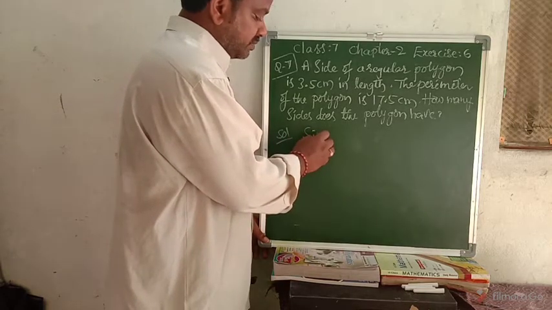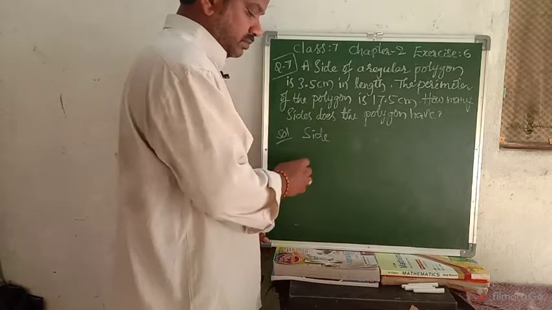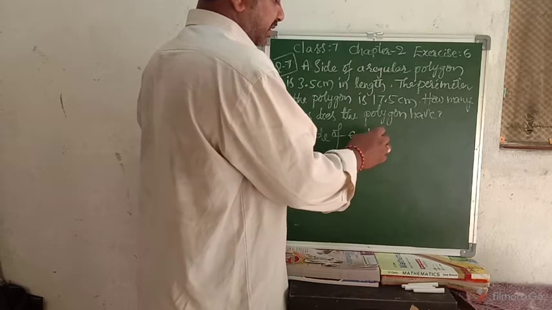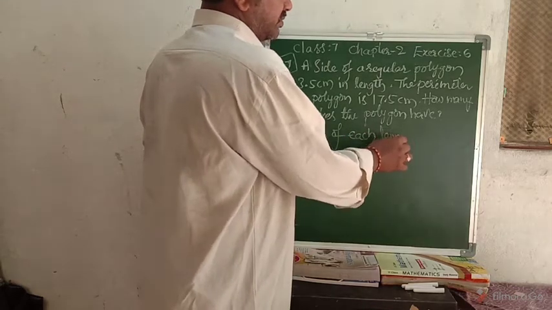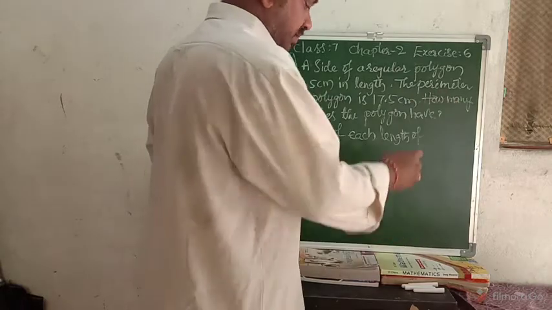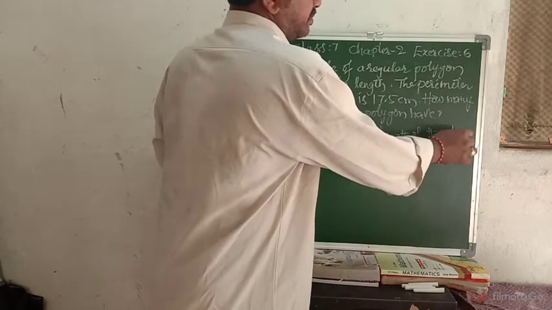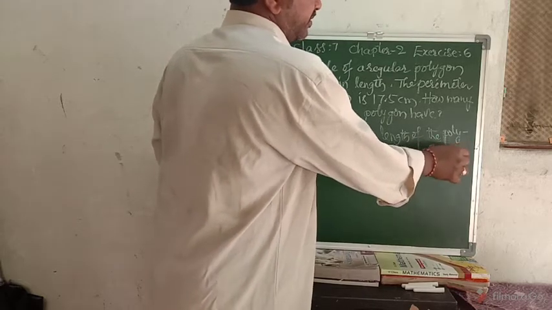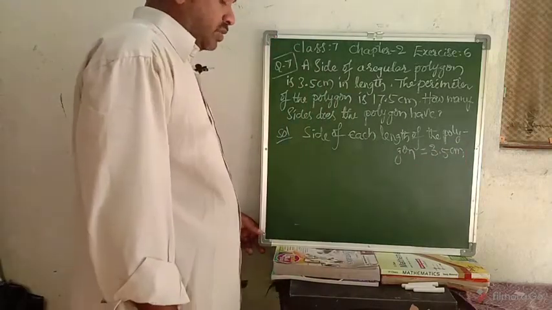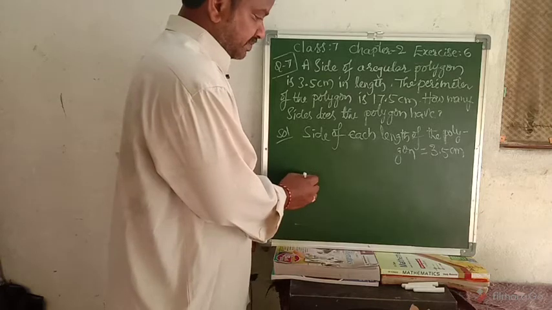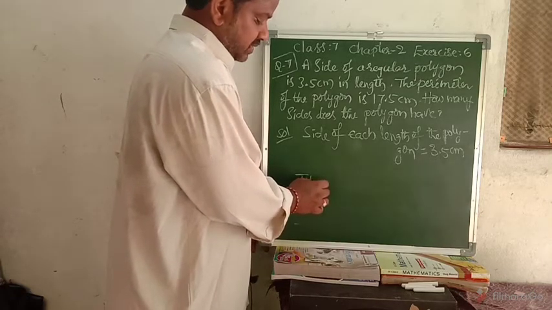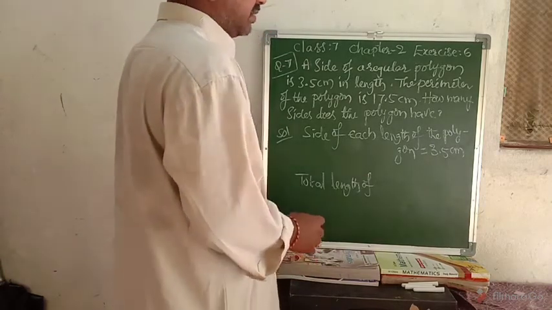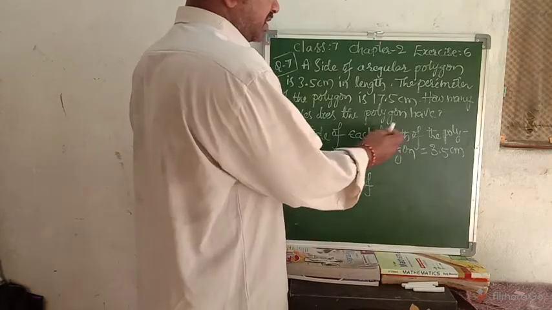Length of each side of the polygon is equal to 3.5 centimeters. Total length of all sides.